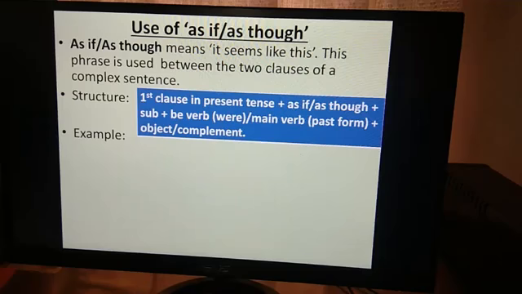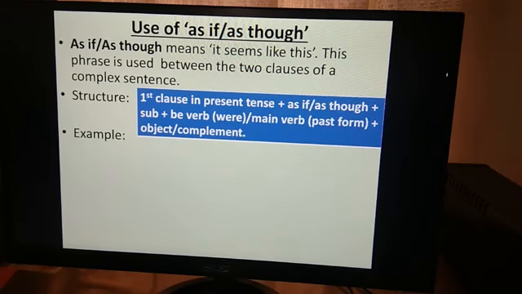Use of as if or as though. As if, as though means it seems like this. This phrase is used between the two clauses of a complex sentence.